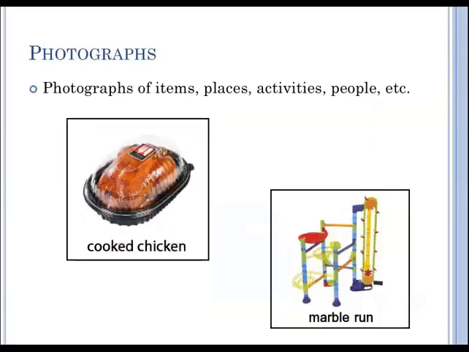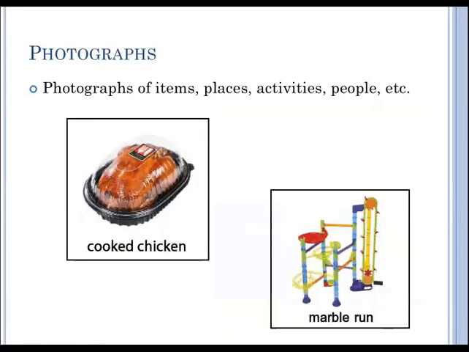We might also use photographs. This is pretty straightforward and doesn't require a lot of explanation: simply photographs of items, places, activities, people, and so on. What we want to make sure we're doing with photographs, though, is ensuring that the photograph is clear, and also making sure that there isn't a whole bunch of irrelevant information in the background.